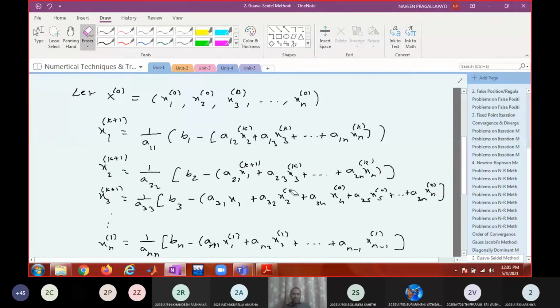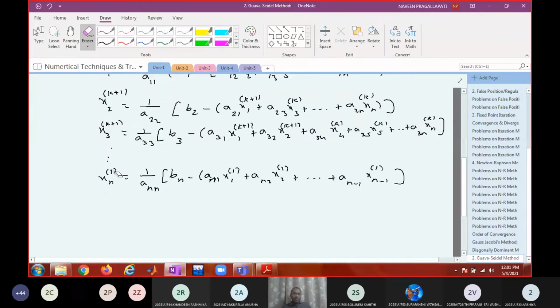These are all k's. By the time we reach the last variable, you are going to use all updated values of the variables, k plus 1, k plus 1, and so on.